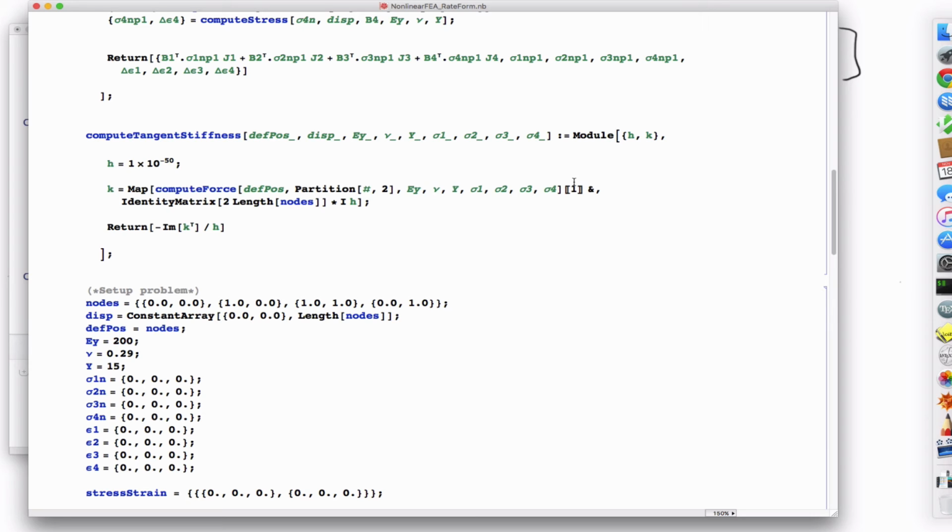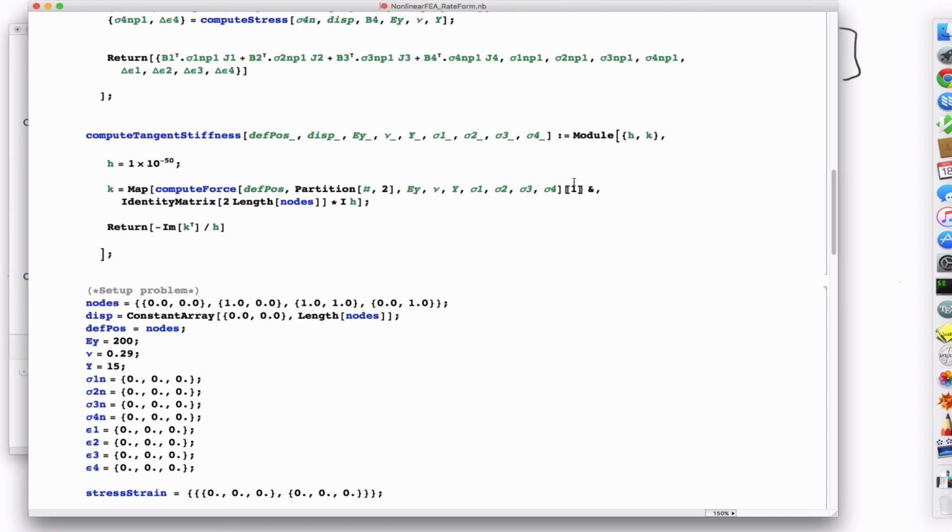And because I'm using an updated Lagrangian scheme, my deformed position comes in every time. It's updated. So I'm perturbing around the deformed position, which is the reference position, which is essentially saying the displacements are the zero vector at that time. That's why you don't see something plus partition, whatever, right?